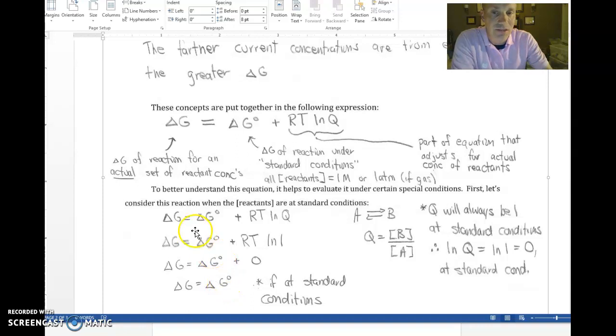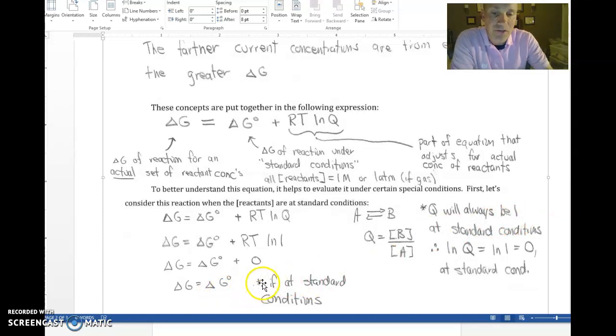This should make sense, because that's what delta G at standard conditions is. Essentially we've just proved what we should have already known: the delta G of the reaction at that special condition where all the concentrations are 1 is really what the delta G is for that special set of conditions.